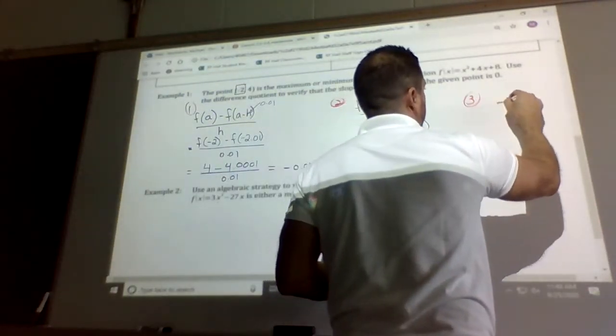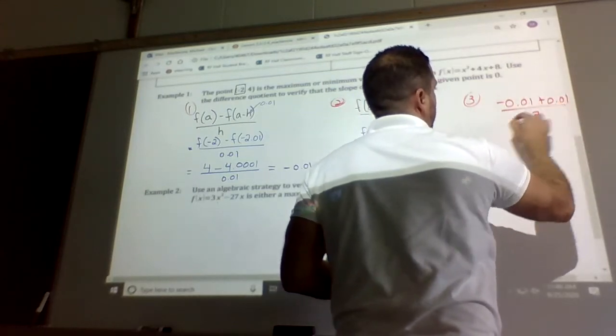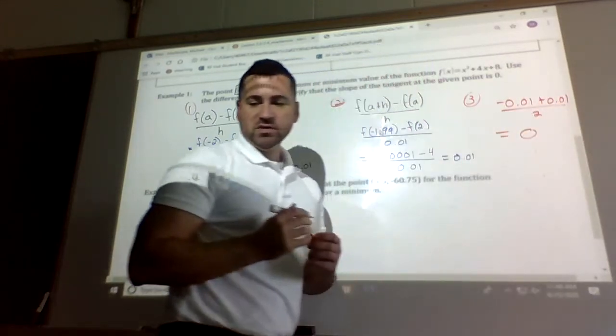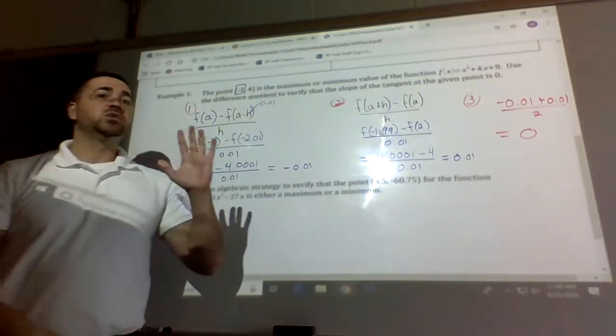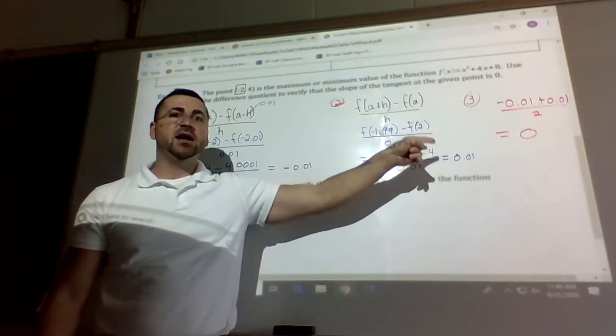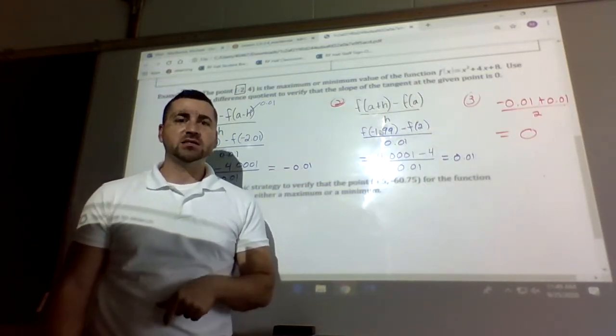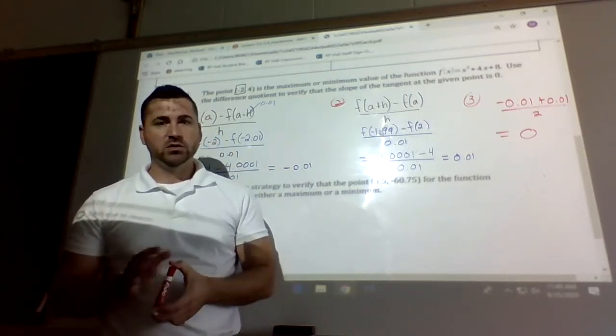We average them out, so -0.01 plus 0.01 divided by 2, and that gives you the answer of 0. Since the rate of change at -2 is 0, that proves it is a maximum or minimum value.